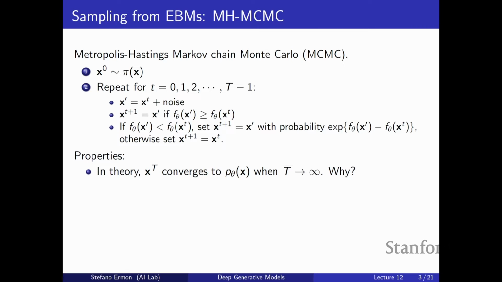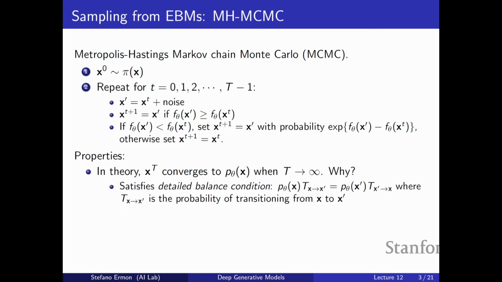And the reason this works is because this operator satisfies something called detailed balance, meaning that if we denote by T the probability of transitioning from one state x to another state x prime, we have the following condition: the probability of being at x under the true distribution we're trying to sample from and transitioning into x prime is the same as the probability of being in x prime and doing the reverse move going back to x.